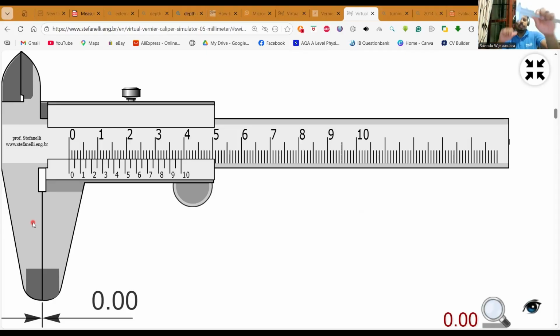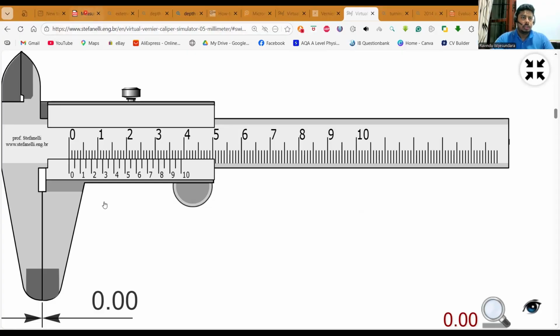That means this vernier caliper is 100% correct. There's no issue with this one, no error in the equipment. No systematic errors will be there. There can be random errors based on the person taking the measurement, but it is not possible to have a systematic error with this vernier caliper.